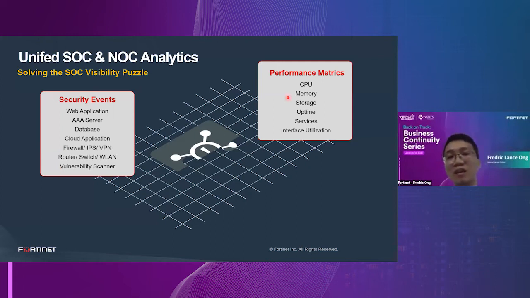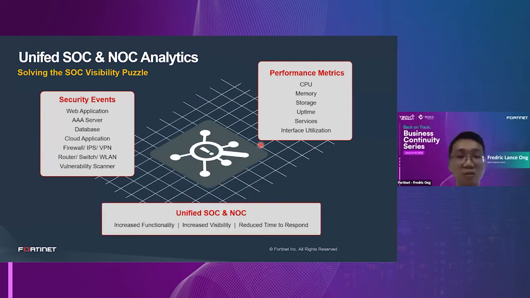And you can see here, performance-wise, these are the metrics and attributes that need to be monitored by NOC, in terms of utilization, uptime. So all of this we can have under a unified NOC and SOC solution, which is the FortiSIEM. It provides you increased functionality because you can relate these performance problems to each other.